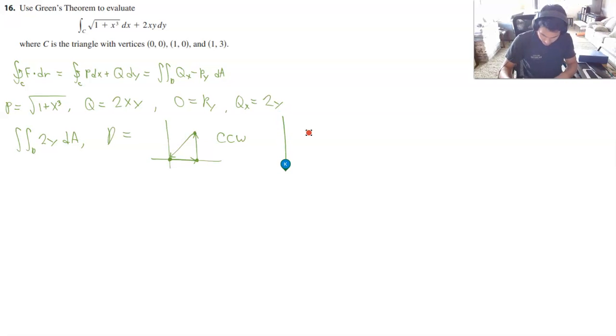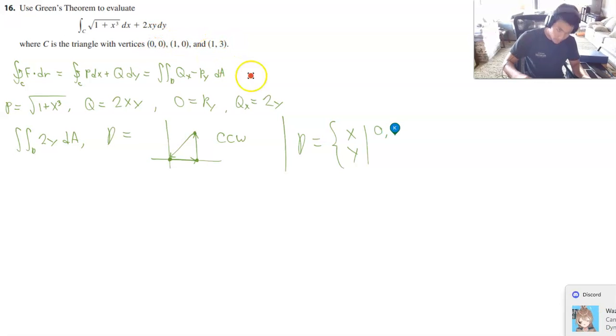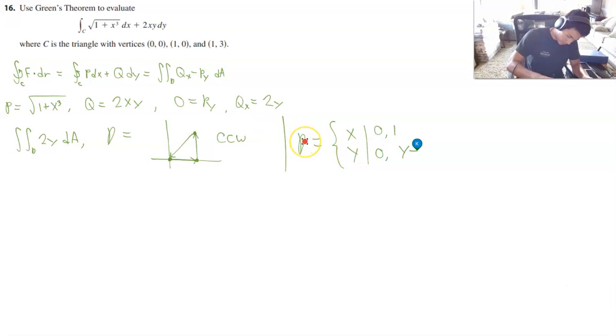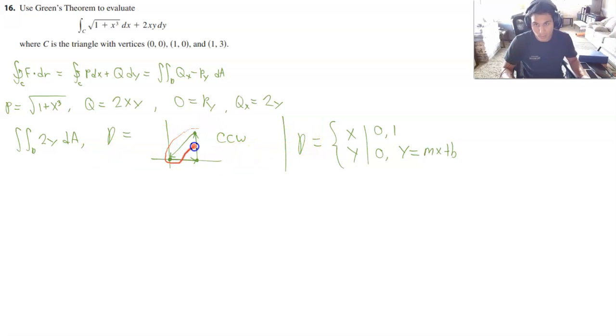So we can describe D as this region in x and y. Then we can describe x being from 0 to 1, right? And then we can describe y being from 0 to some function y equals mx plus b. Okay, so we ask ourselves, what's the slope here?